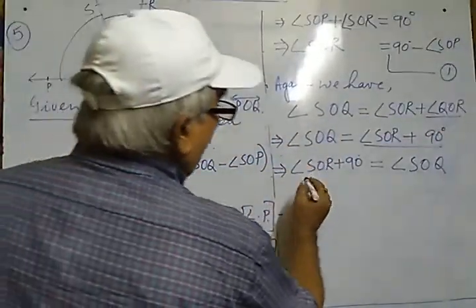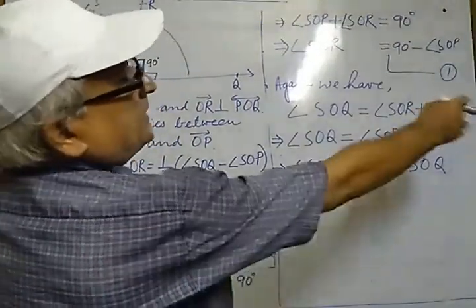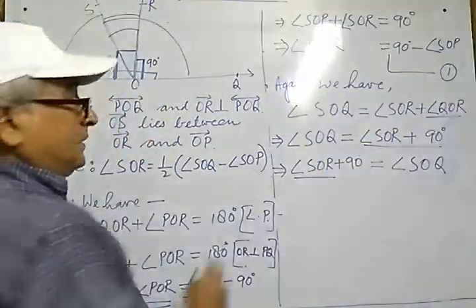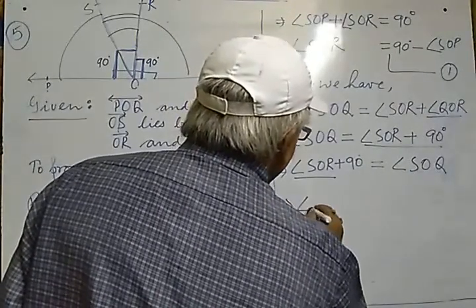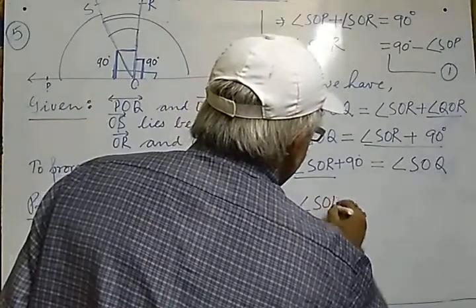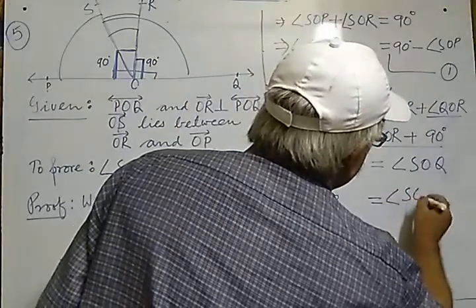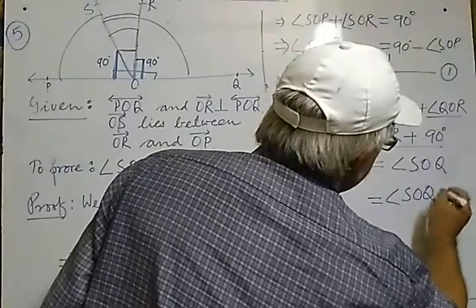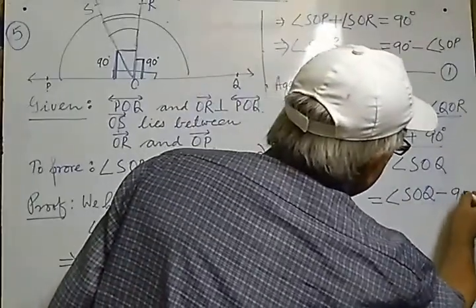Now this SOR will be kept on this side, and 90 will be transposed to that side. So this implies angle SOR equals angle SOQ minus 90 degrees, because here it is plus, on that side it will be minus.